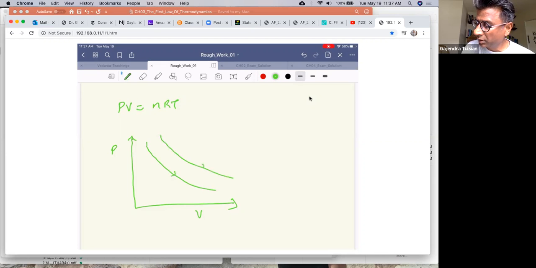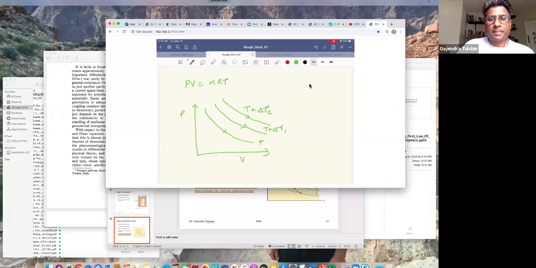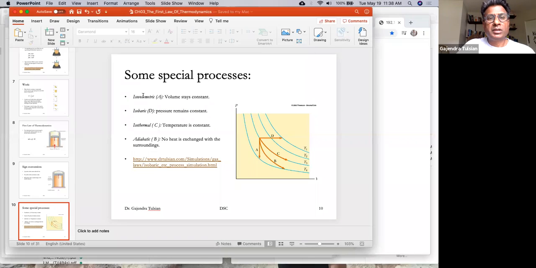This is a lower temperature, this is a higher temperature. As these hyperbolas go further and further away from the center, those are higher and higher temperatures, and so on. Okay, so we will consider these various processes.